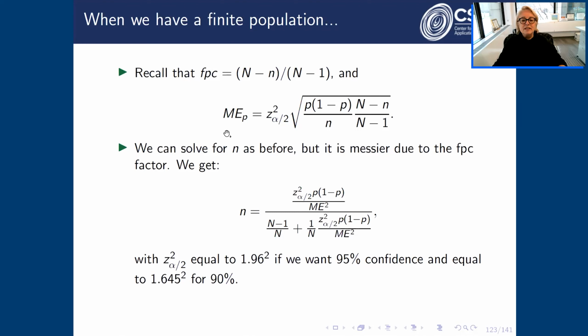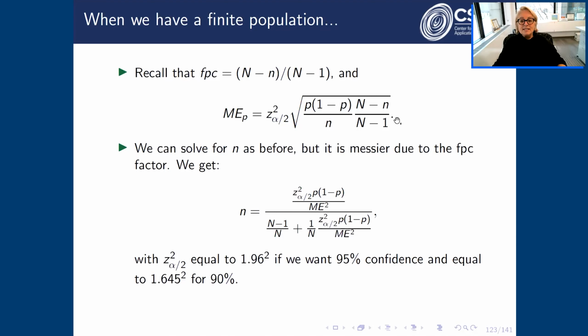And the margin of error here is going to be the 1.96, this is just z if you're looking at it for 95% confidence. And remember, this is the standard error when you have a hypergeometric random variable. So now we don't have that binomial model anymore. Now we have this hypergeometric model.